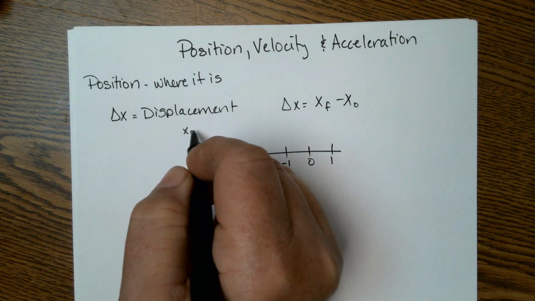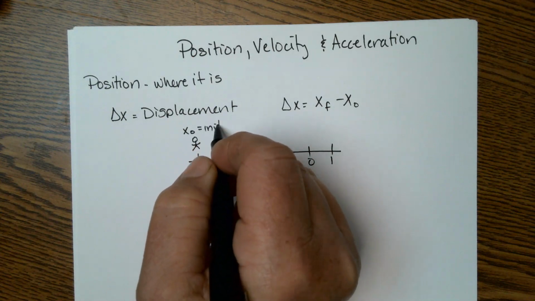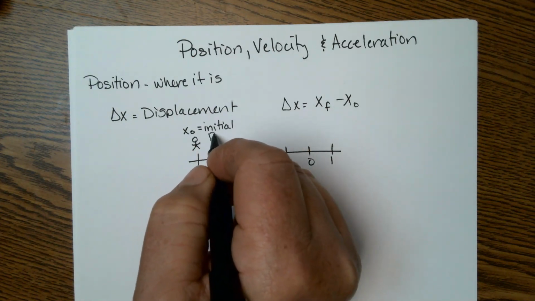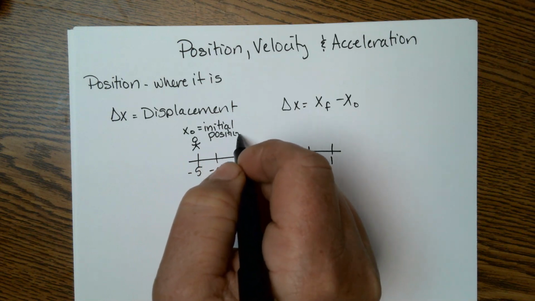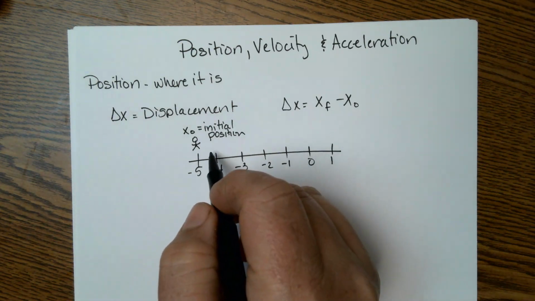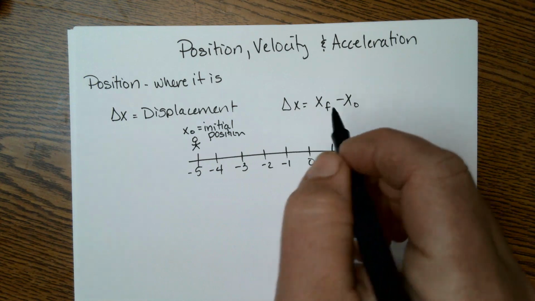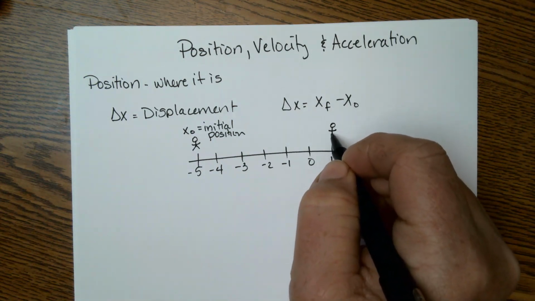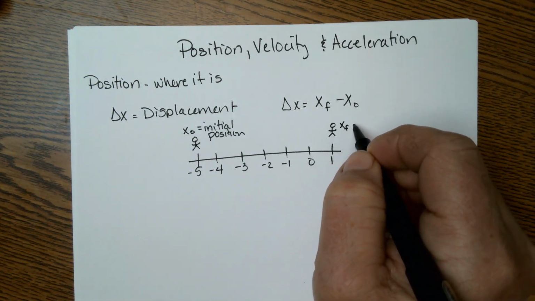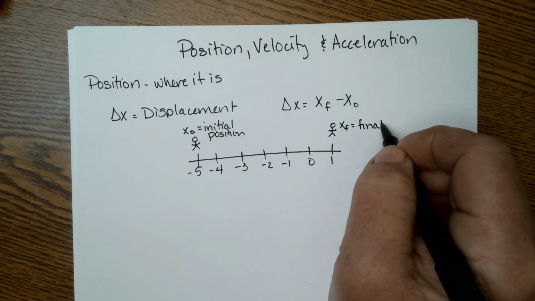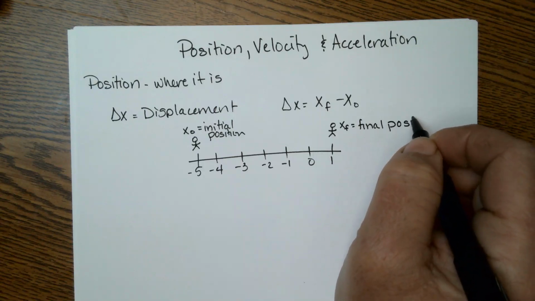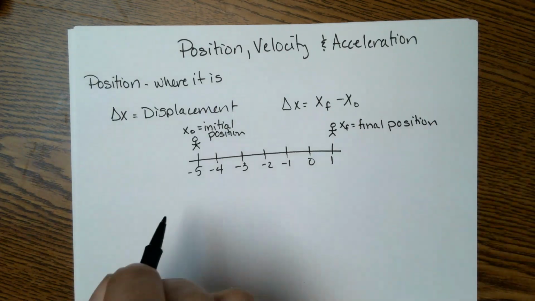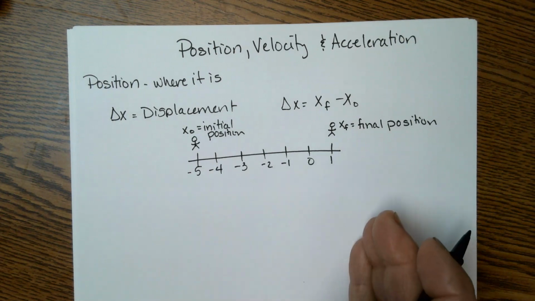This is their initial position. And let's say that our little person takes a walk and they go over here and they end up here. That's our final position.